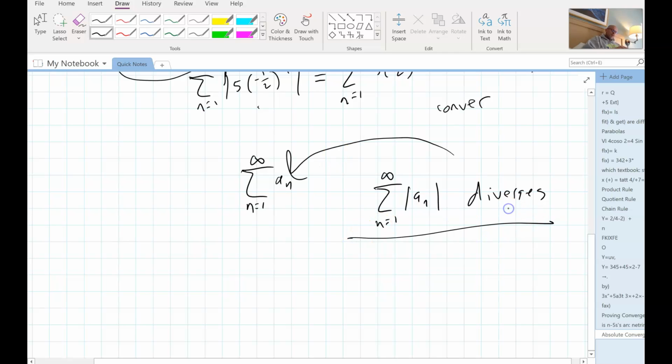Just because this diverges does not mean that that one diverges. It only helps me if I can take the absolute value and get convergence, which says the original series converges. If I get divergence, then it doesn't tell me anything. Essentially, the test fails.